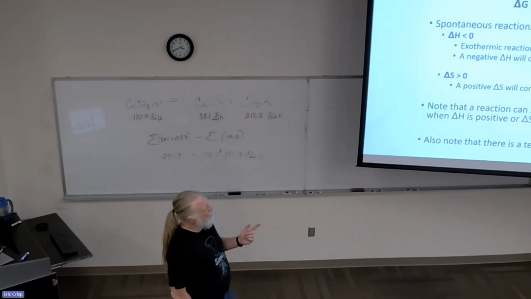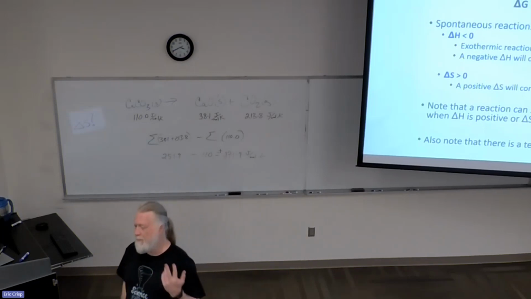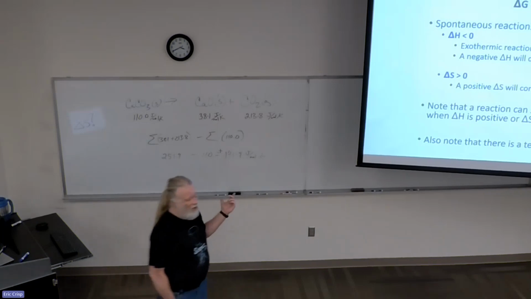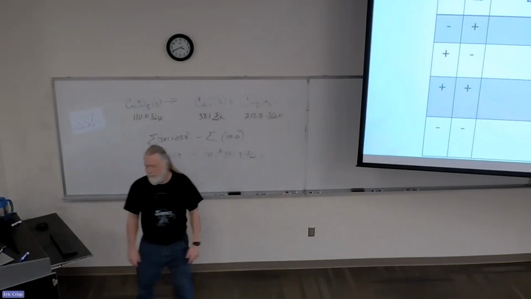So now we've got to include both of these things. Exothermic or endothermic, yes, that matters. But then we have to take the temperature multiplied by the entropy change of our system, and see what that does to the overall delta G value. Play with it a little bit.